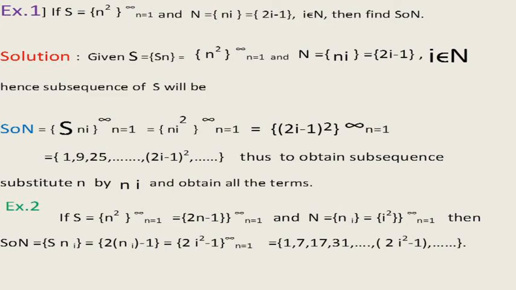So 2 n_i minus 1, and we have given that n_i is i square, therefore 2 into i square minus 1. So for the terms, put i is equal to 1, 2, 3, 4, and we get 1, 7, 17, and so on.